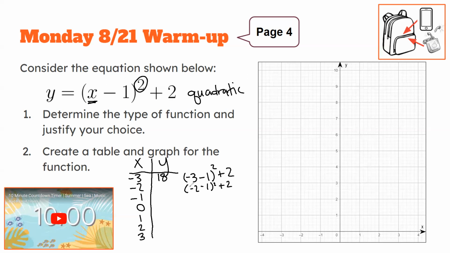So this is going to give me, for -2, 9. 9 plus 2 is 11. 2 squared is 4. 4 plus 2 is 6.